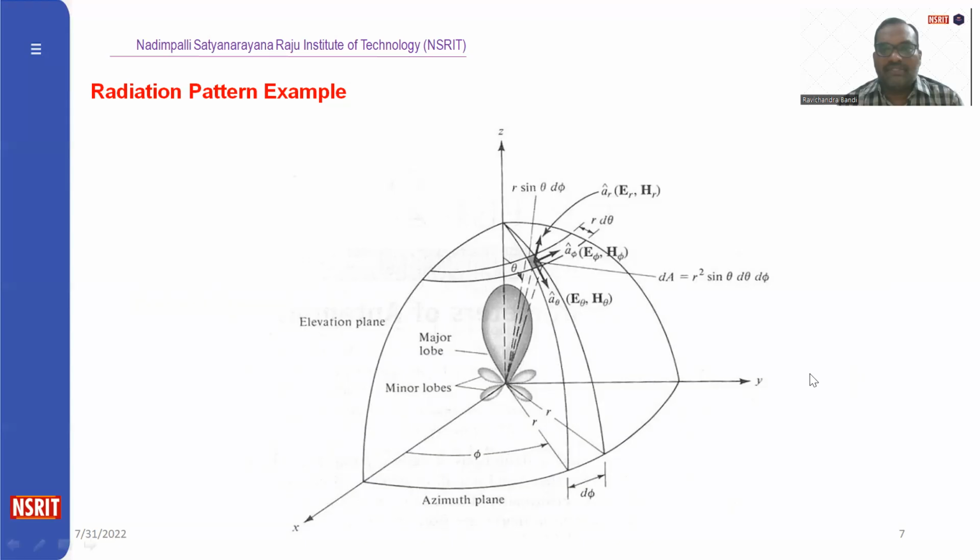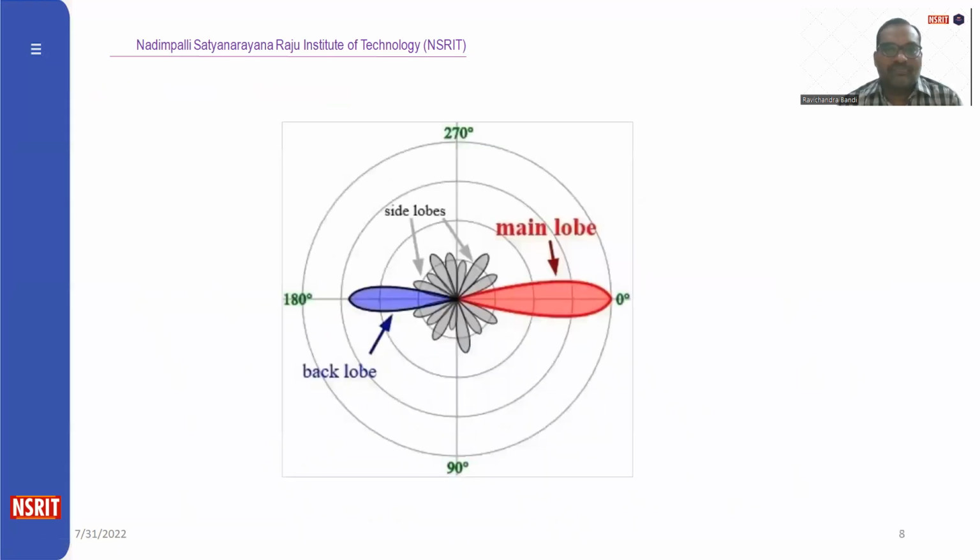The radiation pattern is represented in three terms: E r, E theta, E phi. But we will not consider the E r radiation pattern. We will consider only E theta and E phi. So this is the radiation pattern representation using the three-dimensional spherical coordinate system. These are the different types of lobes in the radiation pattern.